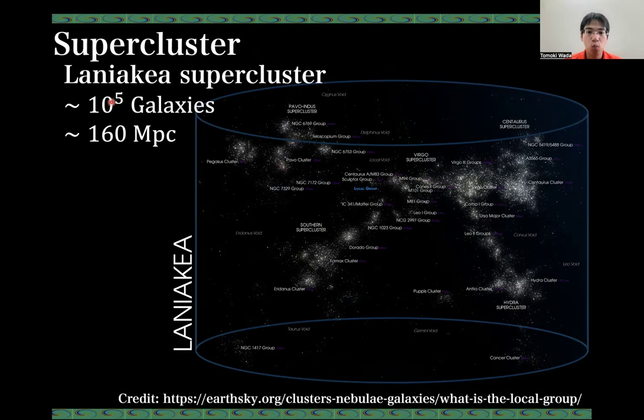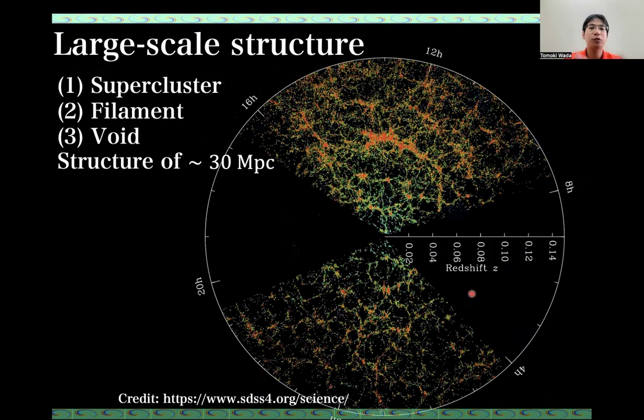Okay, so our Earth is a very small portion of this kind of big structure in the universe. This is sometimes called large-scale structure. When we observe galaxies and plot their positions, we find this kind of structure. Here are many galaxies, and here are almost no galaxies.